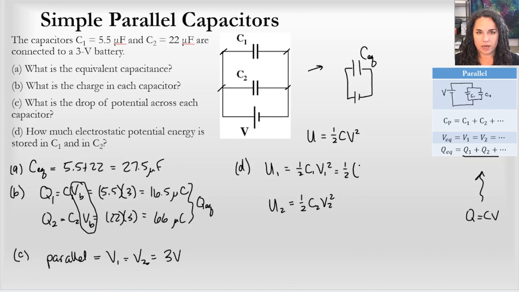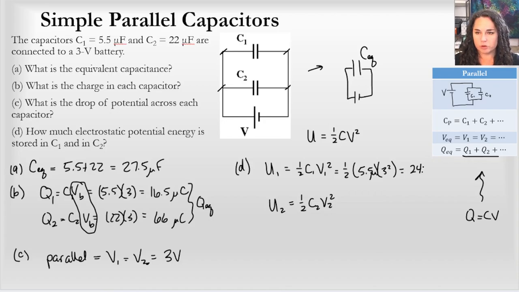So 1/2 times 5.5 micro times the voltage, which is 3, and then square it. Remember, this is micros, so when I solve this, I'm going to get a micro. You might want to just convert it to joules, but I'm going to keep it in micros, actually.